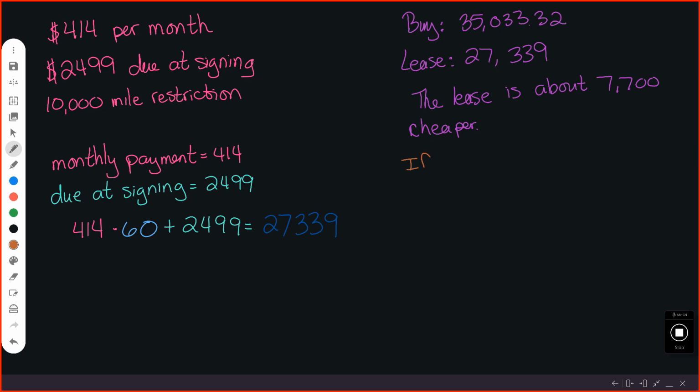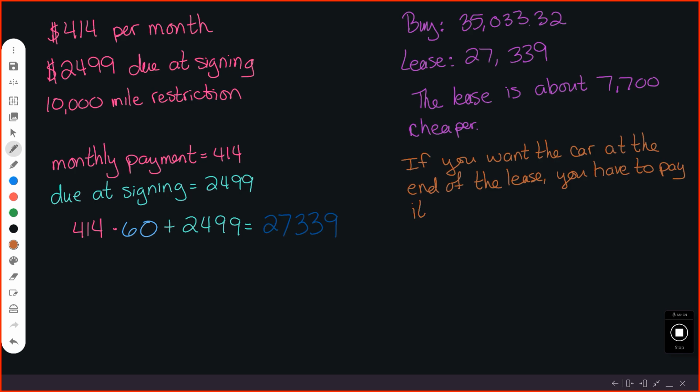So if you want the car at the end, there are two options.